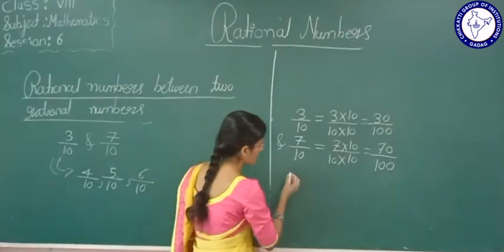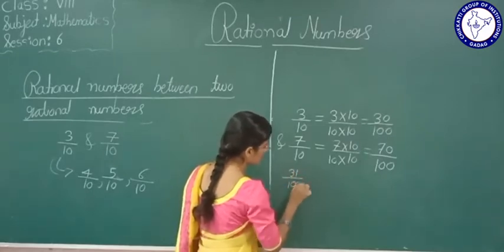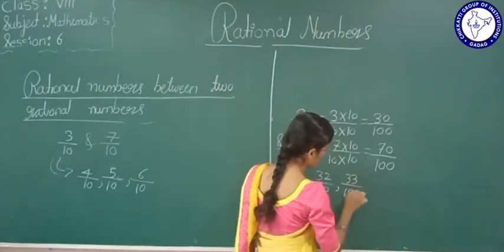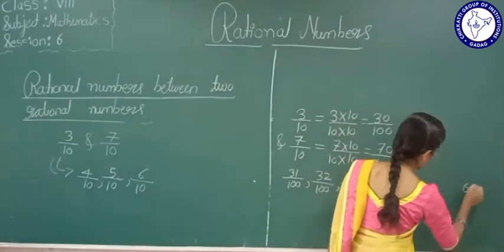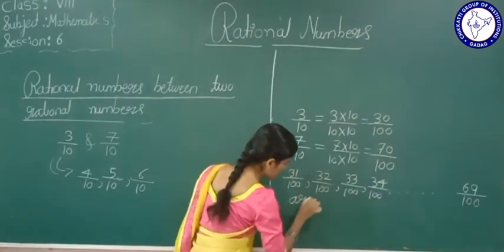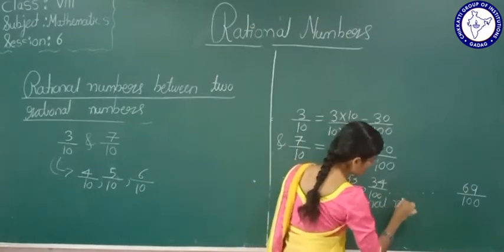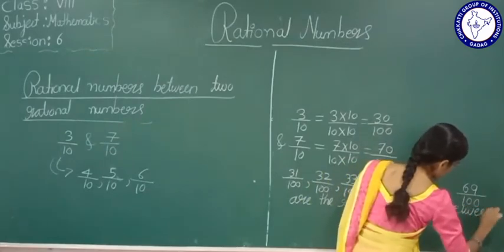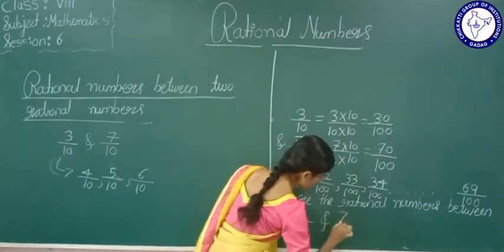See here, how many? 31 by 100, 32 by 100, 33 by 100, 34 by 100, like this up to 69 by 100 are the rational numbers between 3 by 10 and 7 by 10.